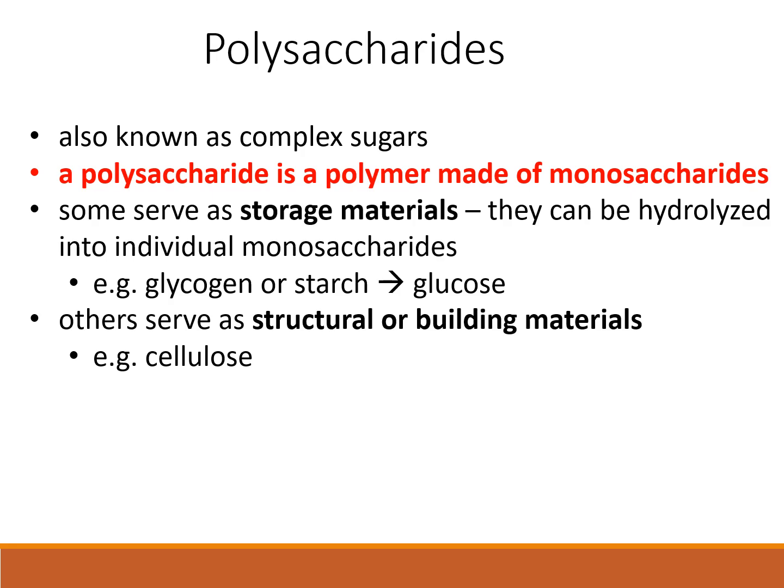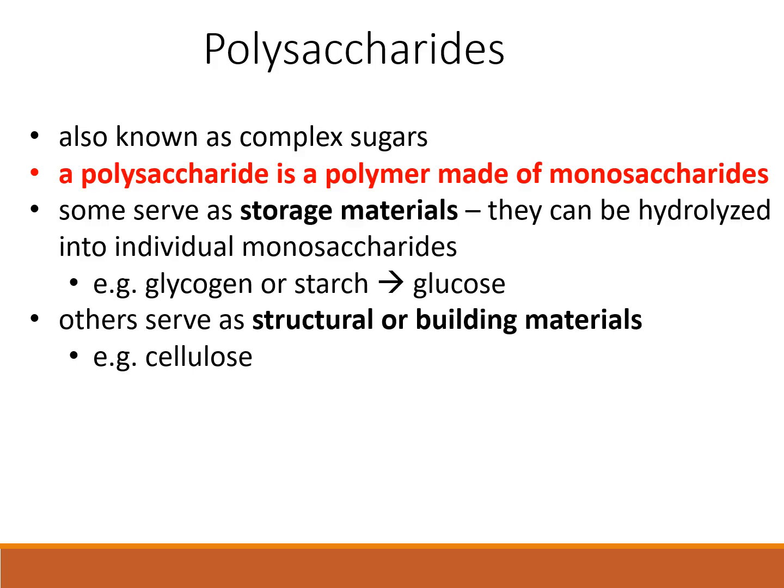If you can build a polysaccharide by sticking a bunch of monosaccharides together, you can break it apart and liberate a bunch of individual monosaccharides. If building the polysaccharide is done through dehydration synthesis, breaking it apart is done through hydrolysis. In a hydrolysis reaction, you put the water back that you took out, and that breaks the bond.